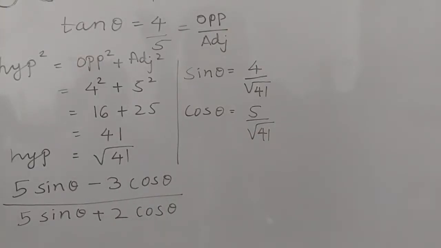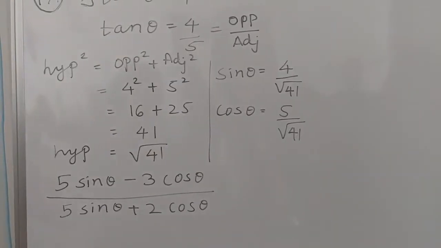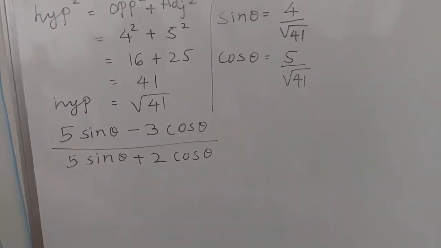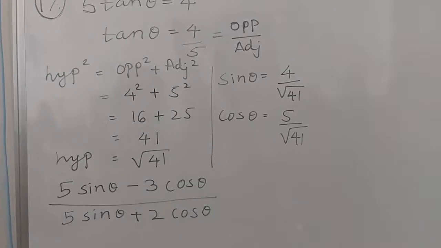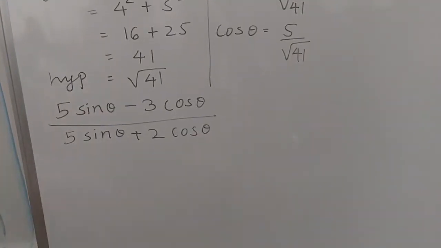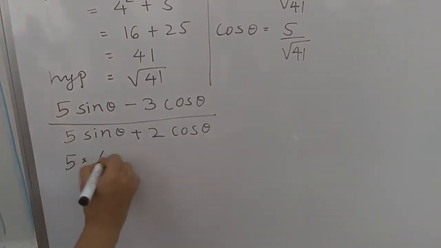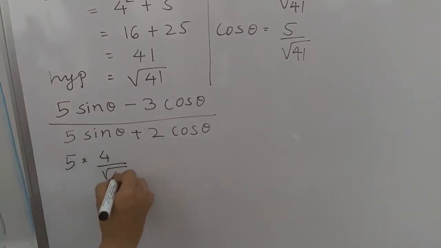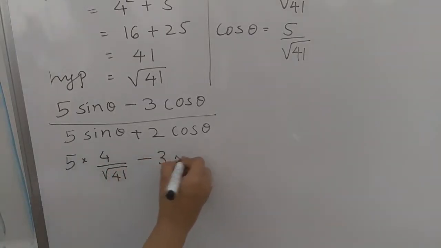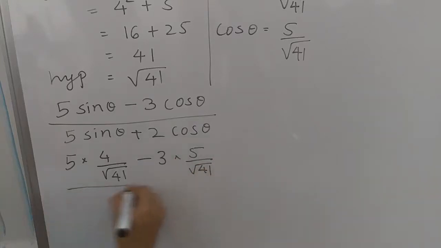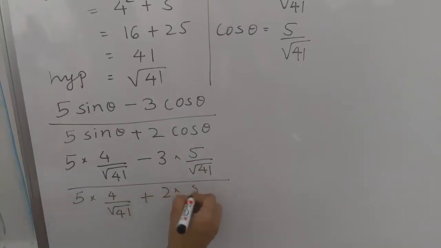Now we will substitute them in our required equation here. So now sin theta is 4 by square root 41. So substituting here, minus 3 cos theta, cos theta is 5 upon square root 41. In the denominator, 5 sin theta is 4 by square root 41 plus 2 cos theta, cos theta is 5 upon square root 41.